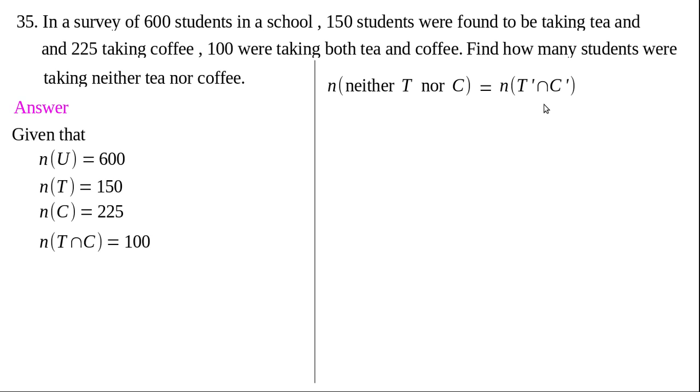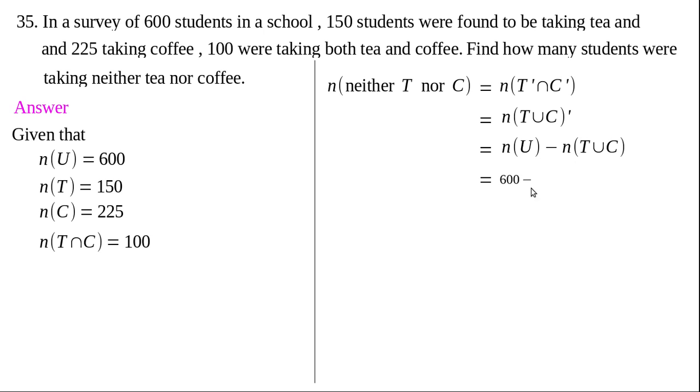Using De Morgan's law, we can write T dash intersection C dash equal to T union C whole dash. T union C whole dash means U minus T union C, or number of T union C whole dash equal to number of U minus number of T union C. What is number of U? That is 600 minus, what is the formula to find number of T union C?